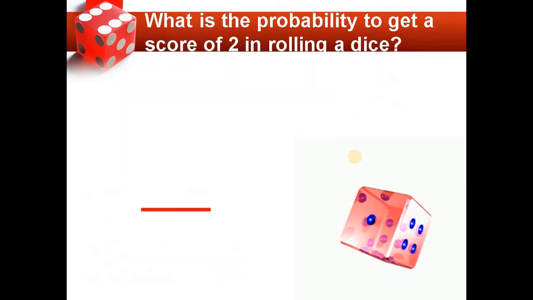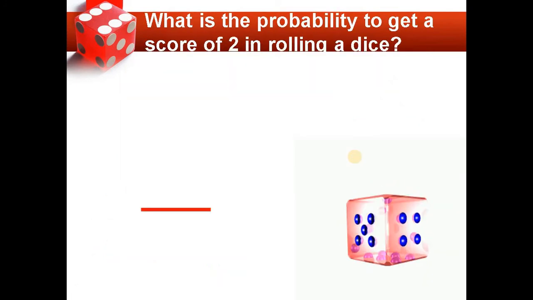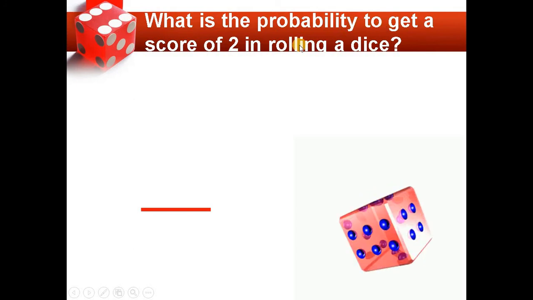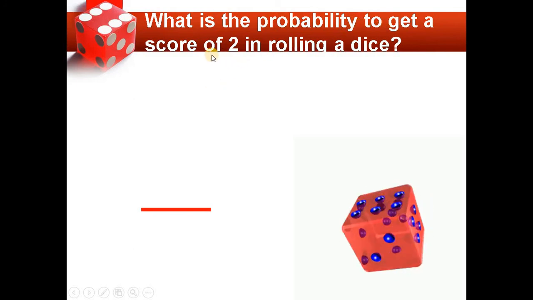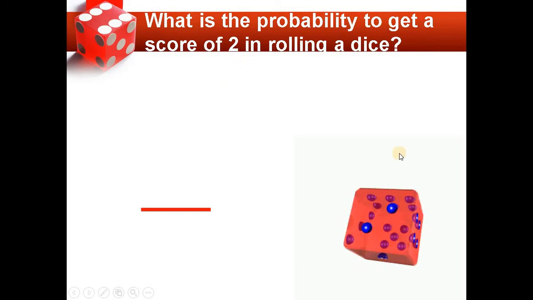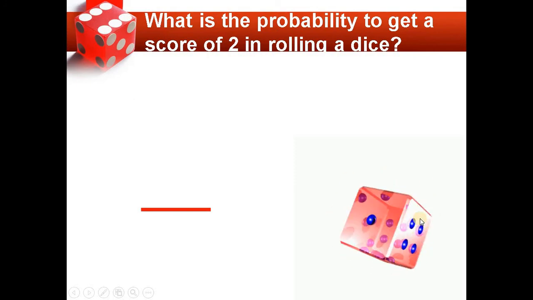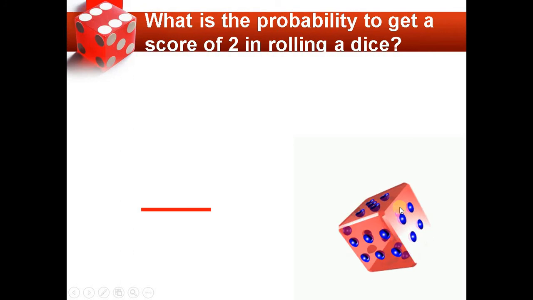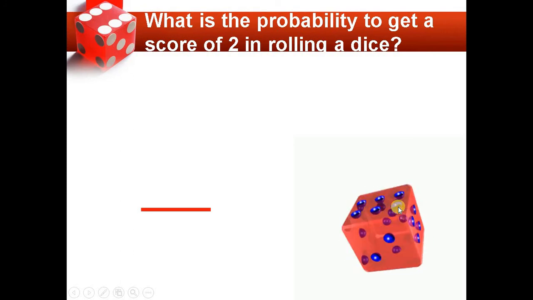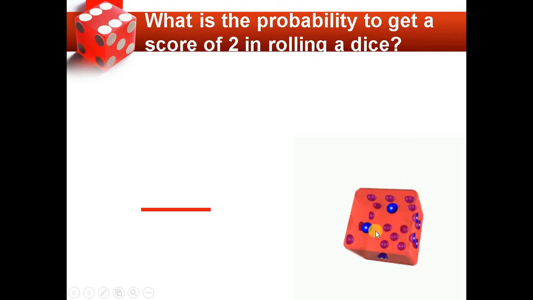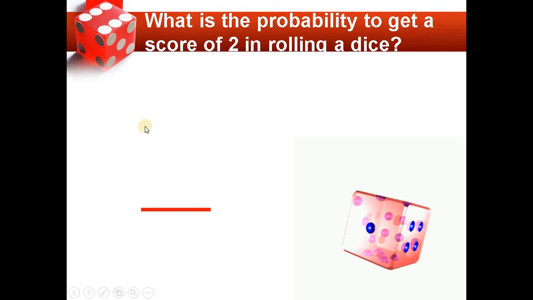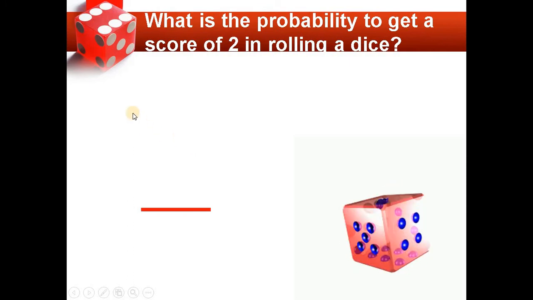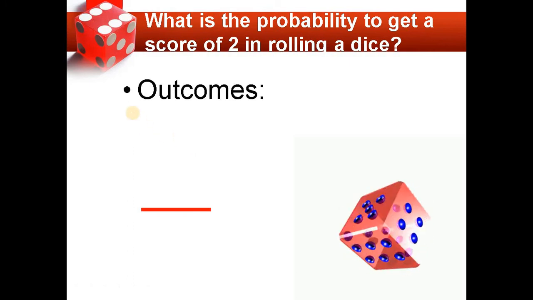Next. What is the probability to get a score of 2 in rolling a dice? We have a dice here, and we need to know how many outcomes we have.